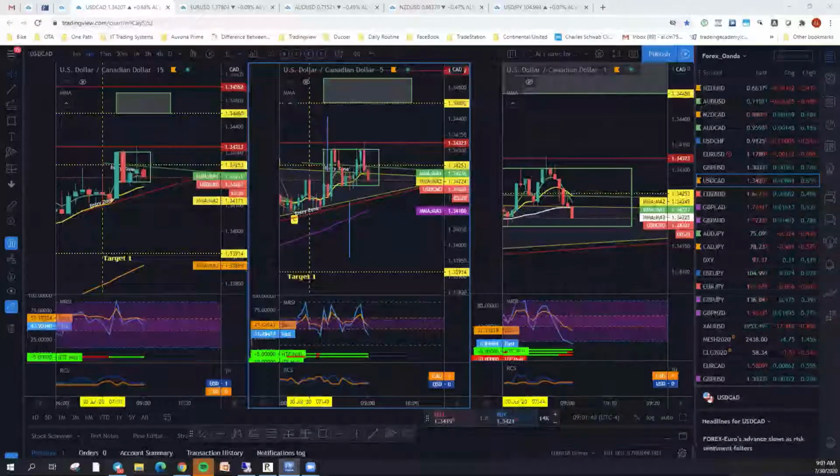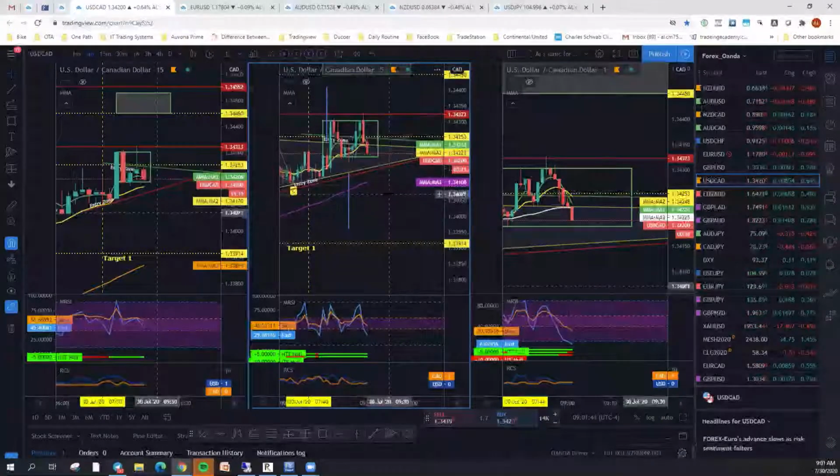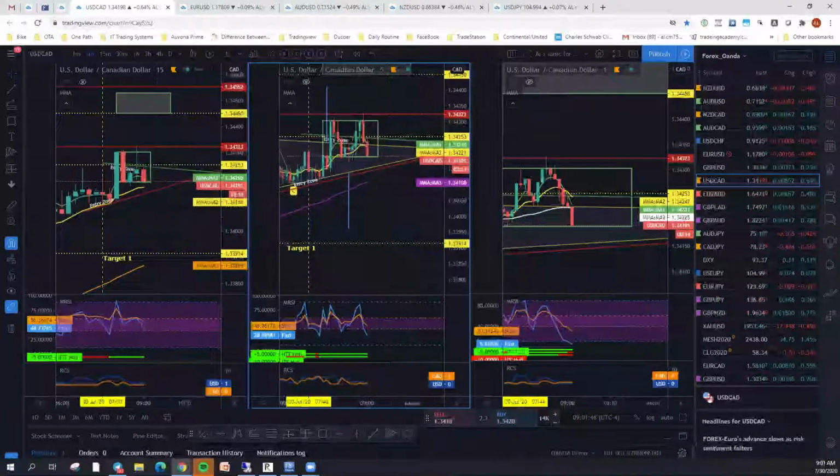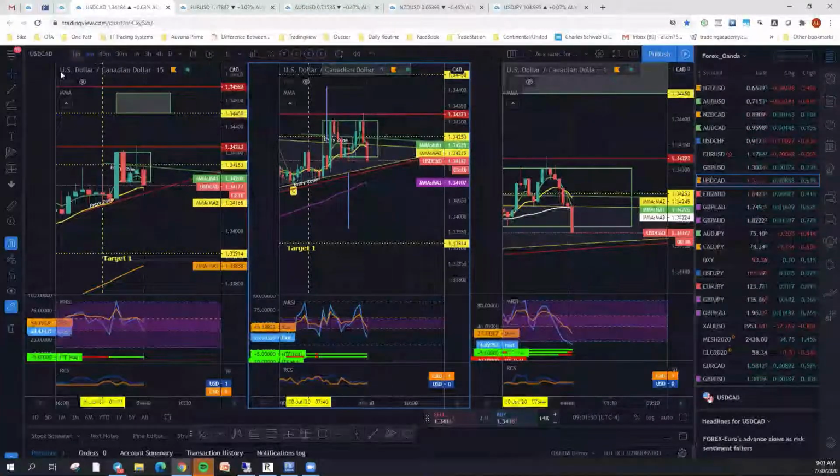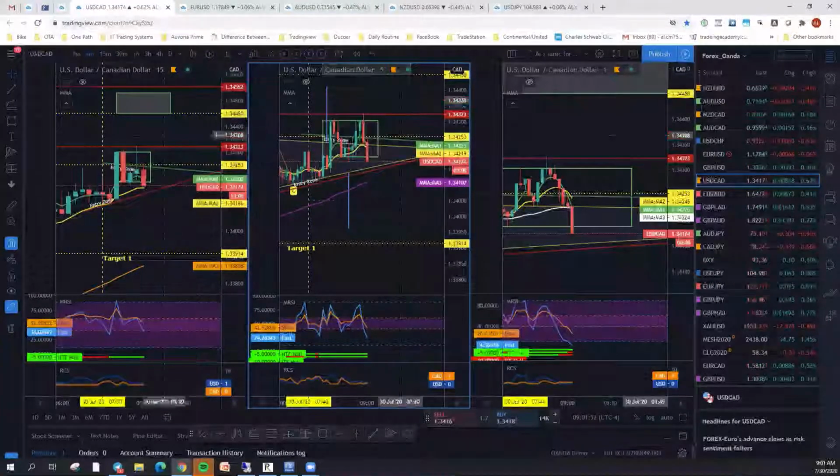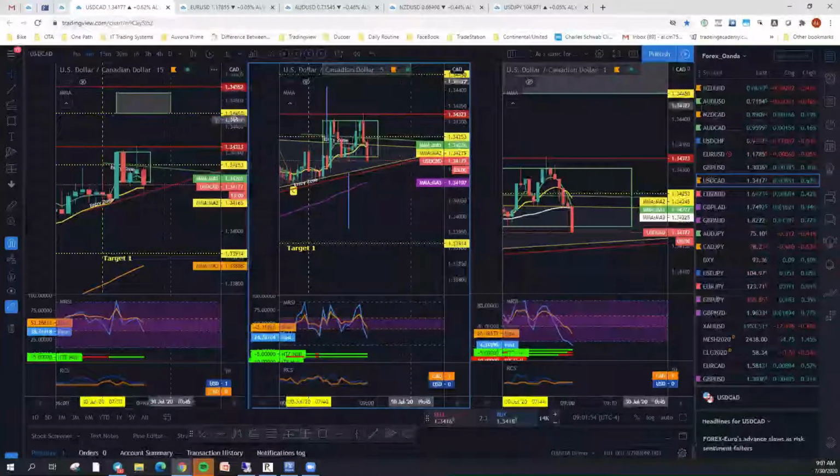And it would not surprise me to see this thing break out at the bottom. As the dollar is getting weaker on the Euro US, it's also getting weaker on the US CAD.